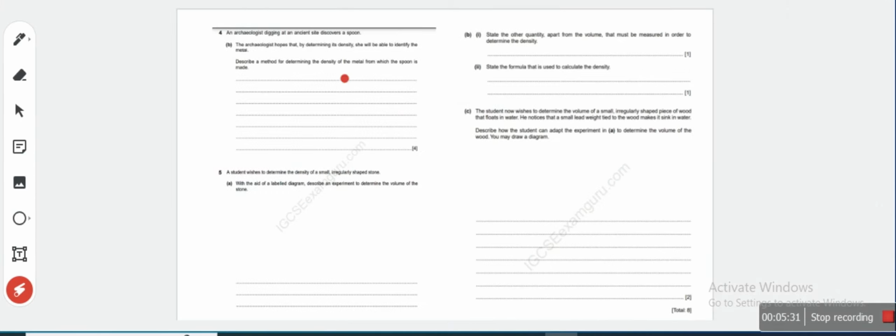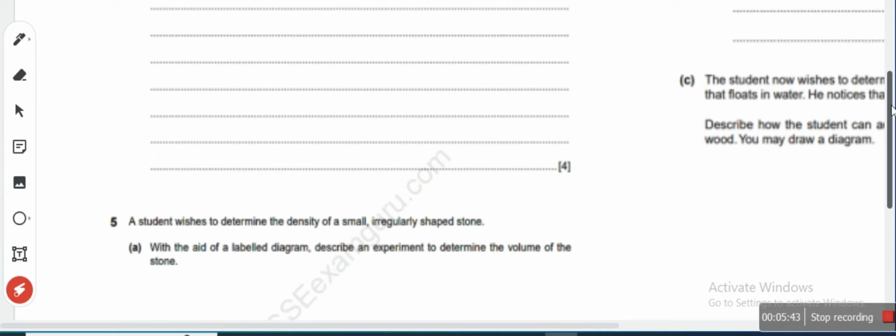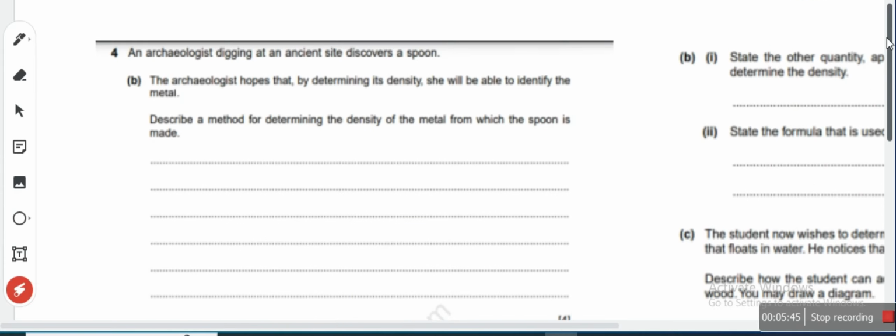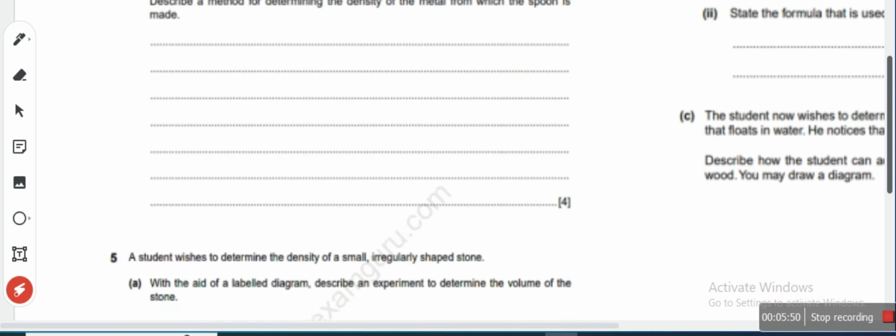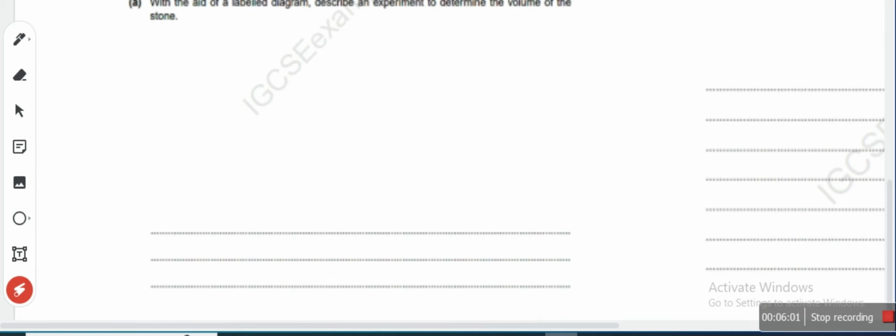We have some more. Let me zoom this out. Look at this one, number 4. There's also number 5, 5A. I think there's 5B on the other side.